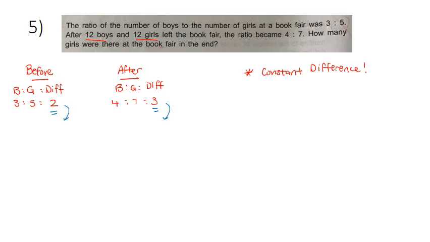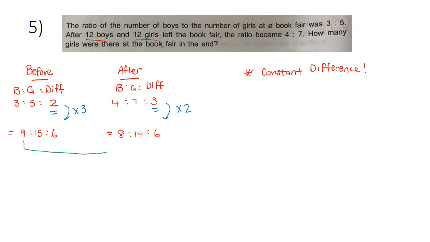And in order to find equivalent ratios that have a difference of 6, the first ratio has to be multiplied by 3, and the second ratio multiplied by 2. And in doing so, our equivalent ratios will be 9 to 15 to 6, and the next one 8 to 14 to 6.